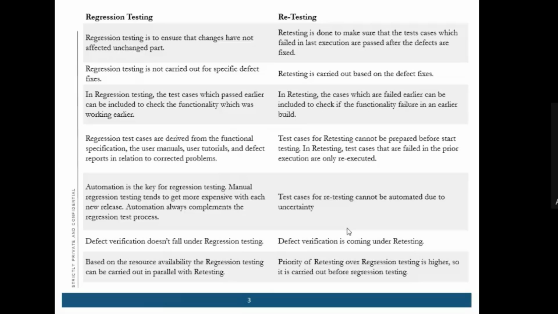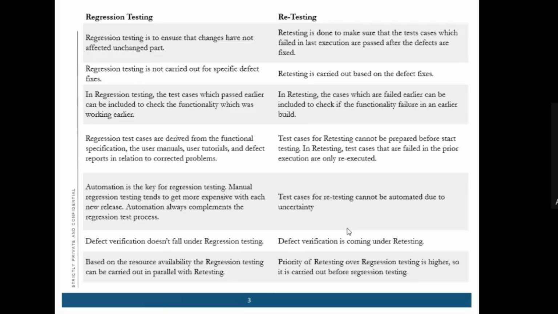So you test everything and make sure that because of that change the other functionality has not been hampered. That is the reason we do regression testing again and again, to make sure other defects have not been raised due to the code change. That is the main purpose of regression testing.